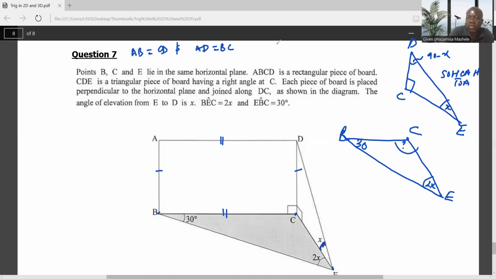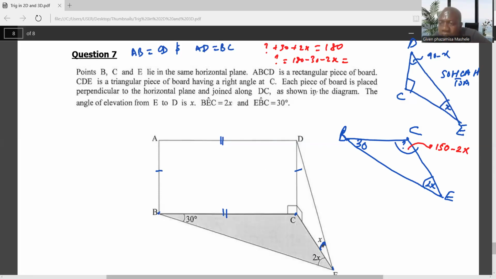The angle that you know plus 30 plus 2x is 180, sum of angles in a triangle. So 180 minus 30 minus 2x, this would be 150 minus 2x. I believe you guys are following.